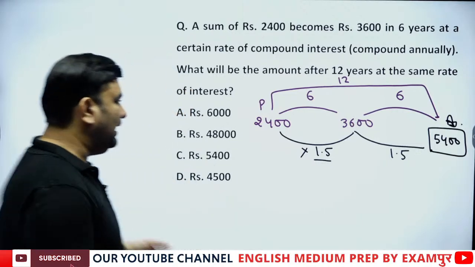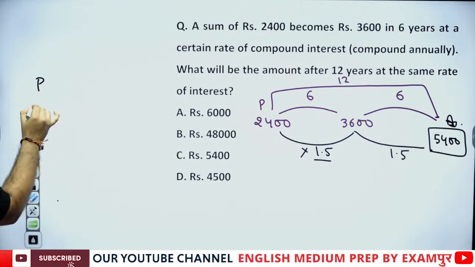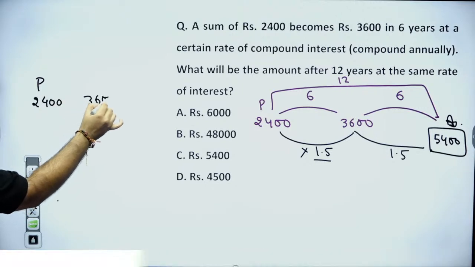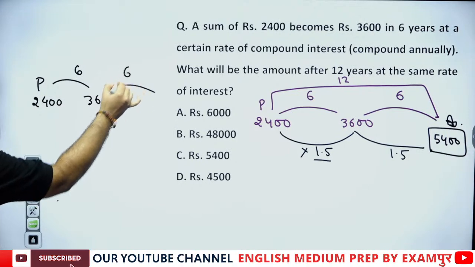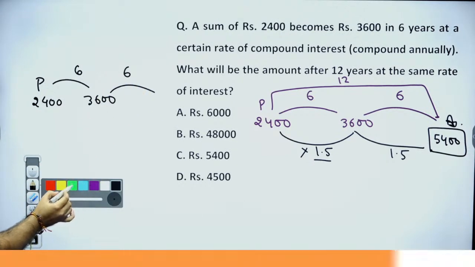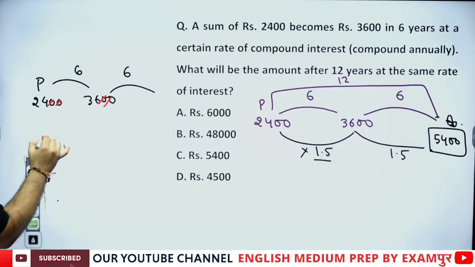We can also think of it like this: if 2400 has become 3600 in 6 years, then in the next 6 years what will happen? We can see in what ratio they are changing. They are changing in the ratio 2:3.